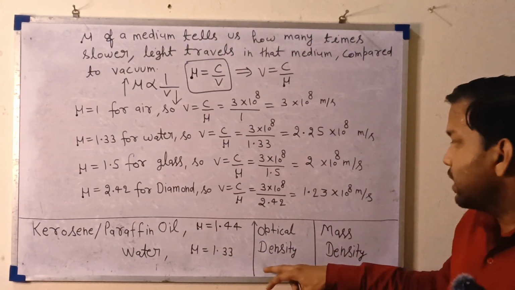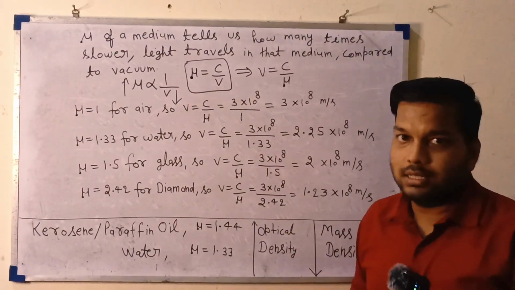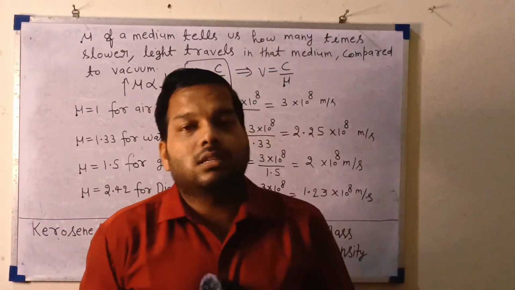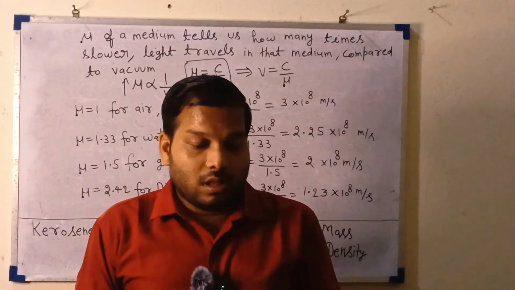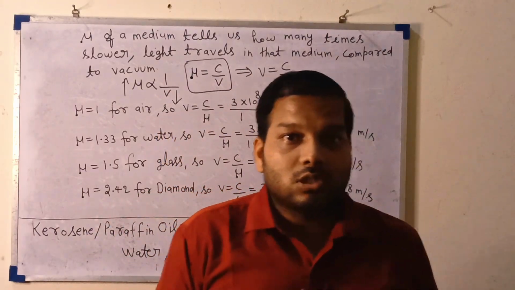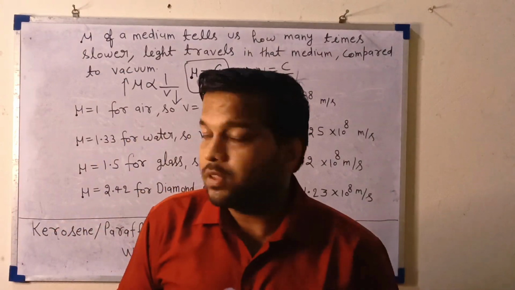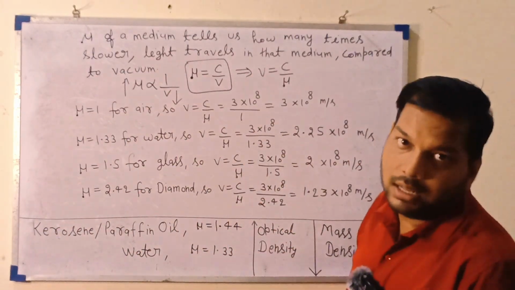Okay, optical density increases, then speed of light decreases. So here we observed refractive index just tells us how many times slower the speed of light is compared to vacuum. Okay, and when optical density increases, speed of light decreases.